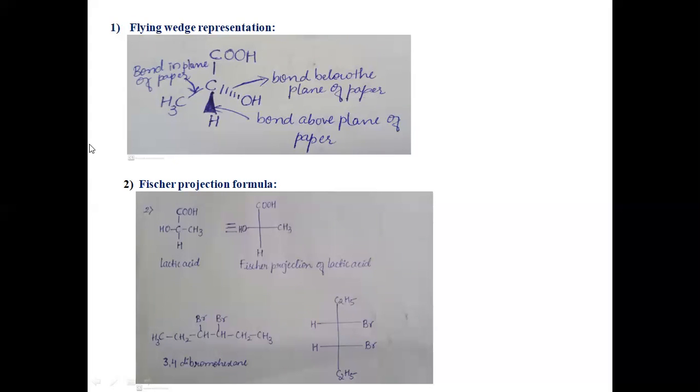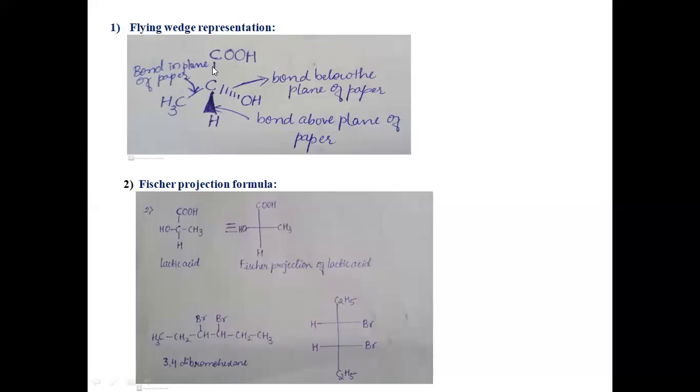So this is about the flying wedge representation. In flying wedge representation, what we have to keep in mind is that it will contain the chiral center. This type of representation we use only for compounds which contain chiral centers or chiral carbon atoms. And in this representation, we will observe three types of bonds.